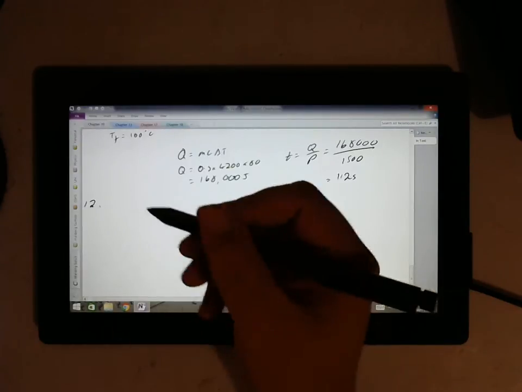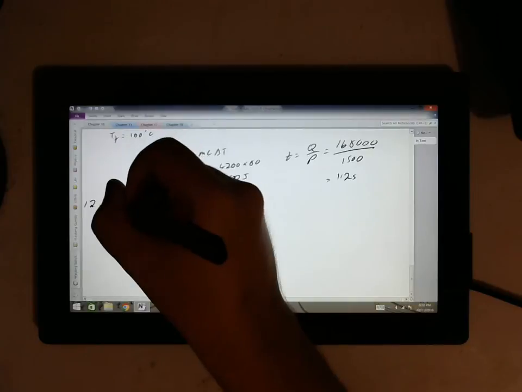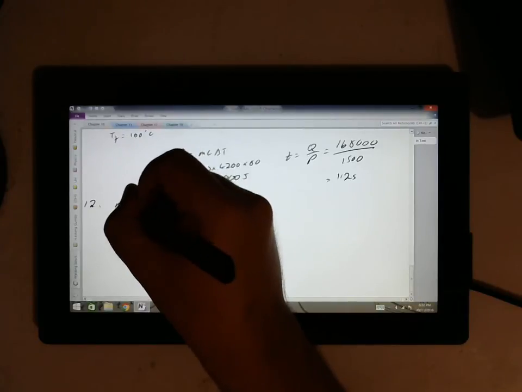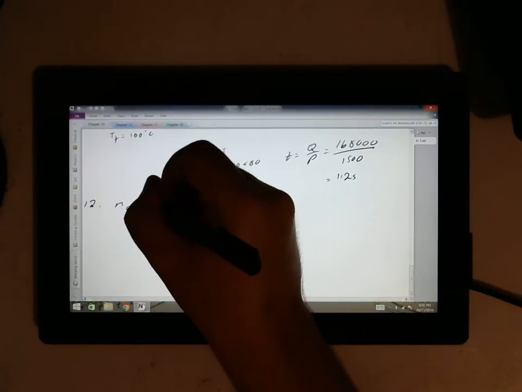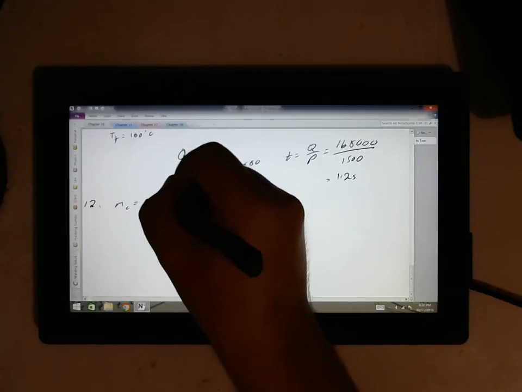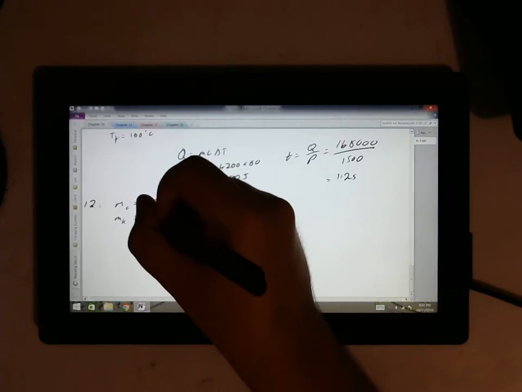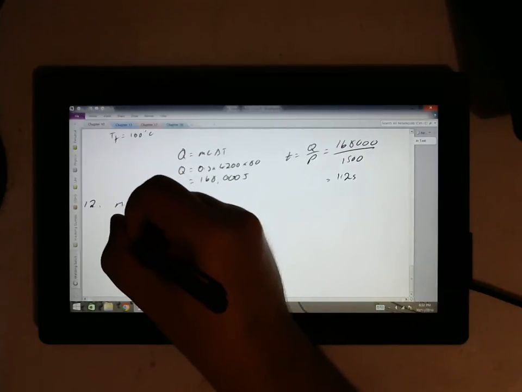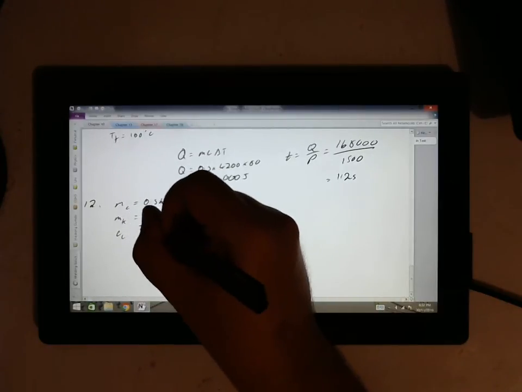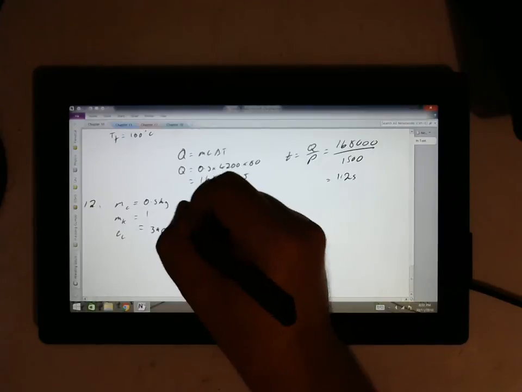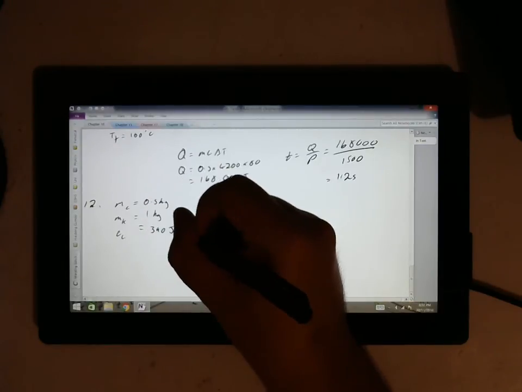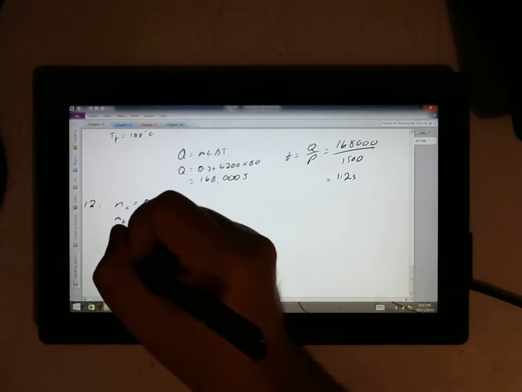So in this case I'm going to just do our variables quickly. M copper equals 0.5 kilograms. M kero equals 1. C of copper from before, we remember, should be 390 joules per kilogram Kelvin.